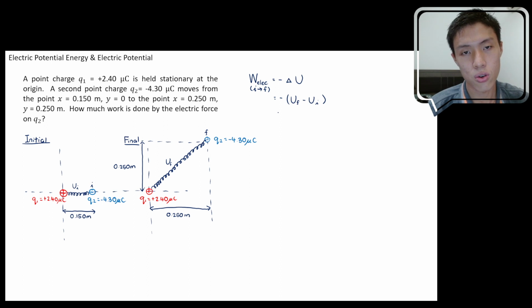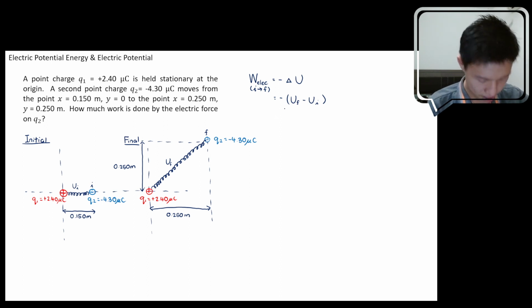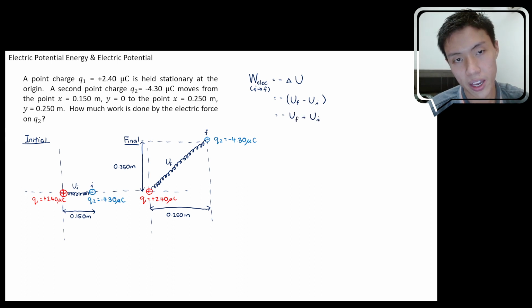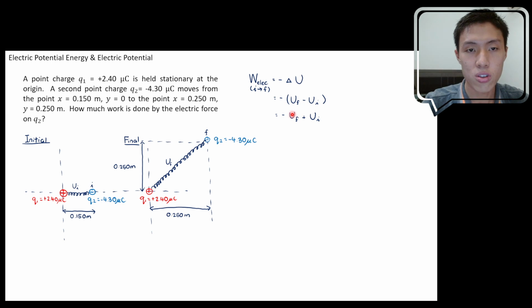Feel free to shuffle it around. You can open up the bracket to become negative UF, positive UI. UF here is the potential energy stored in this spring over here, and UI is the potential energy stored in this spring over here.